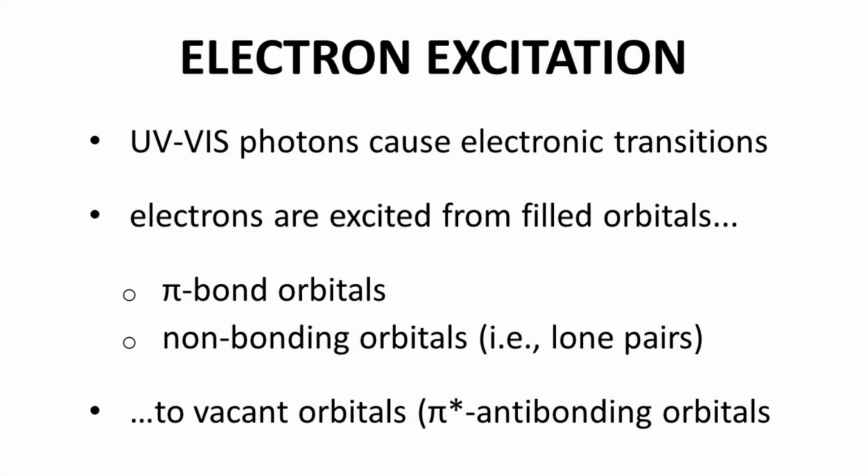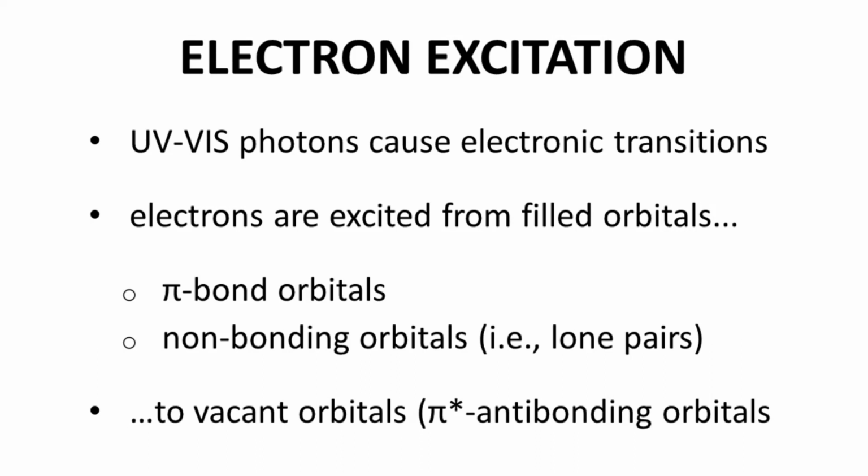What is UV-VIS spectroscopy? Unlike IR photons, which interact with molecules by causing bond vibrations, UV-VIS photons cause electronic transitions. So a UV-VIS photon can have the same energy as the gap between two orbitals. An electron in a lower energy orbital gets bumped up to a higher energy vacant orbital.